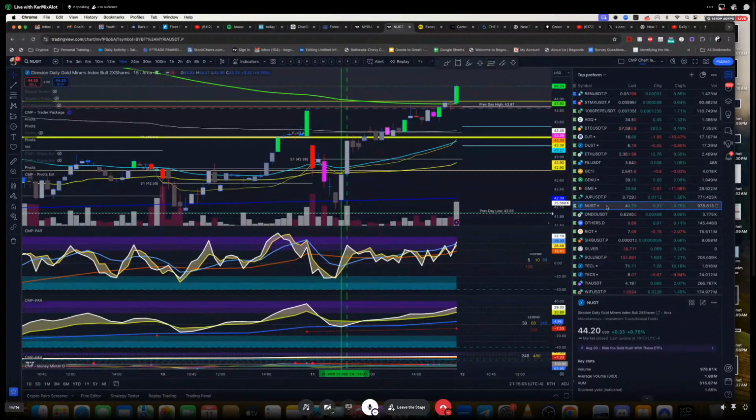And Nugget's nice because it's pretty clean the way it trades. I think it's cleaner than gold, but it's only going to be trading during market hours. So you kind of want to see how gold's been going all morning, and it's basically like a 2x ETF for gold.